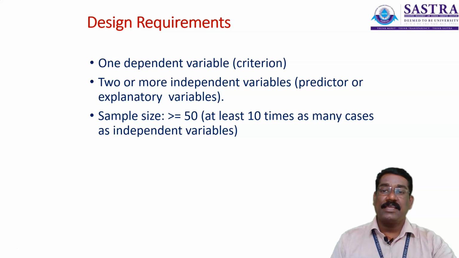Next is the design requirement of multiple linear regression analysis. It should certainly have one dependent variable, otherwise called the criterion variable, and it should also have two or more independent variables, otherwise called predictor or explanatory variables. And it should have a large sample size, more than 50 samples, at least 10 times as many cases as independent variables.